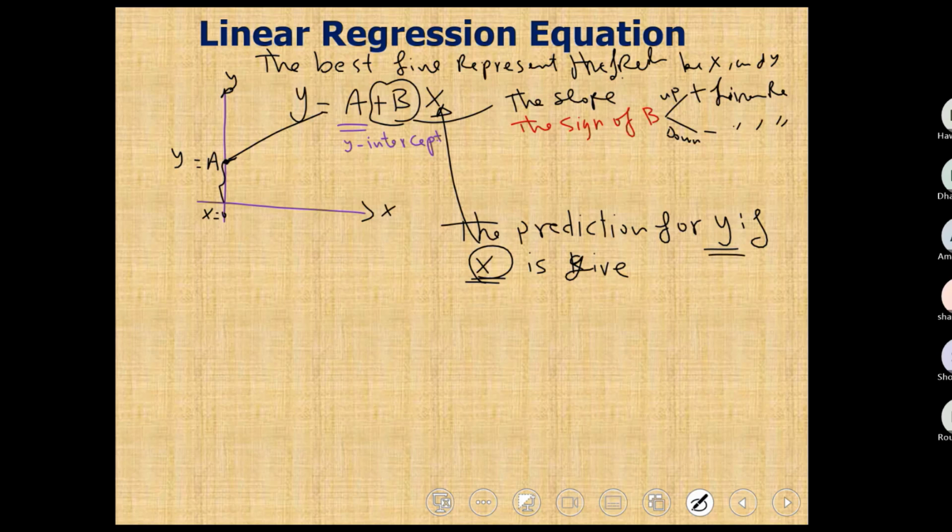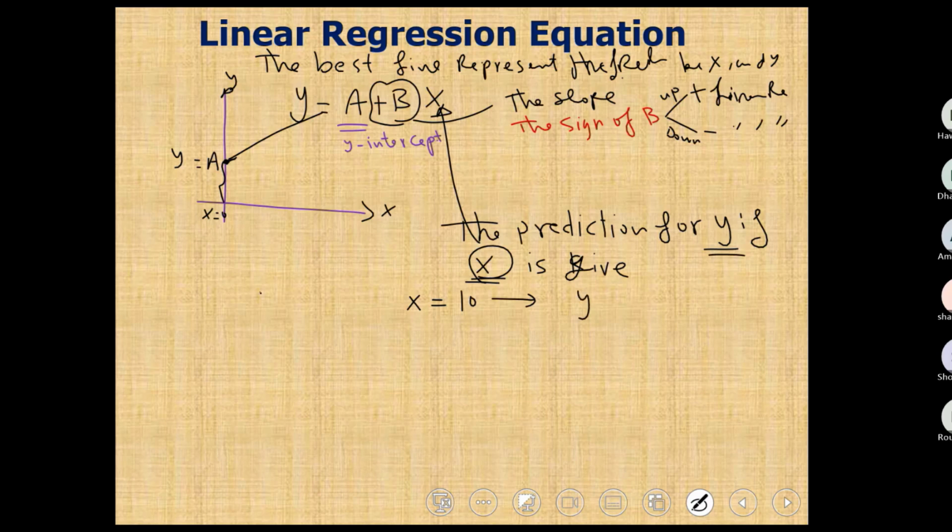And also, I can measure the change in Y, the response, relative to the change in the independent variable X. So if X changes by 100 or 10 or 1 or whatever, what happens to the value of Y?